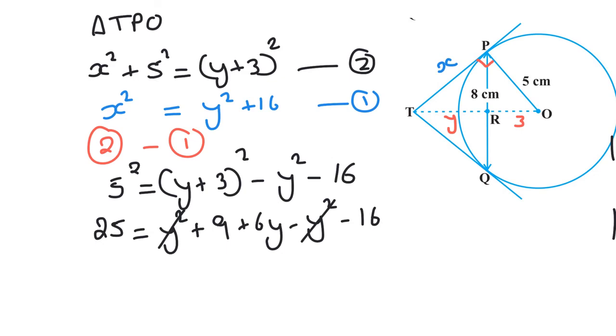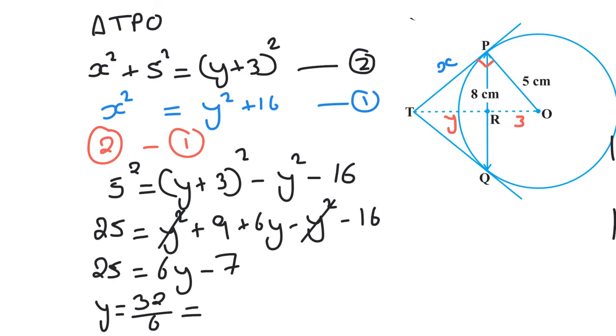So this is going to be 25 equal to 6y minus 7. Simplify it, so we get y equal to 32 over 6, which, if you further simplify, is 16 over 3. So now we know y.